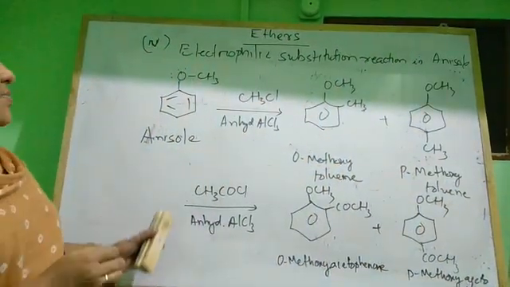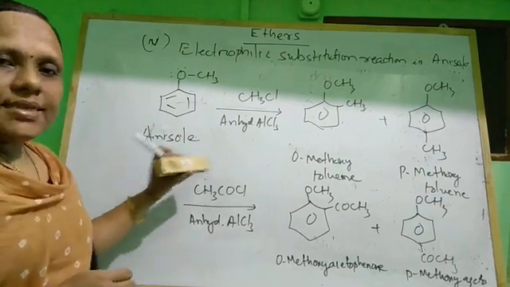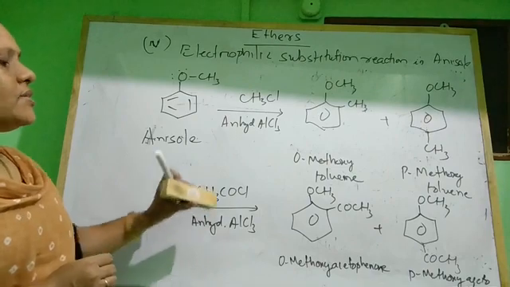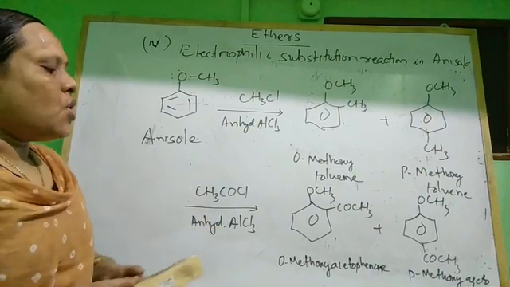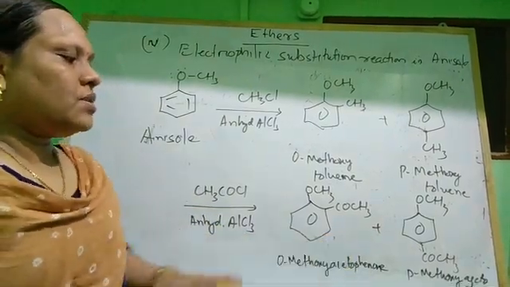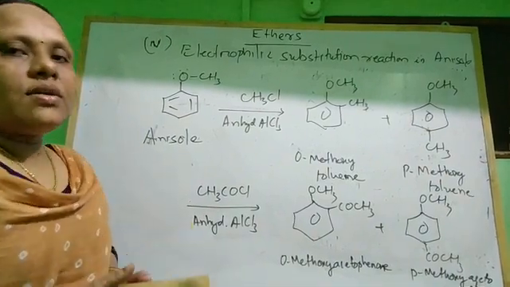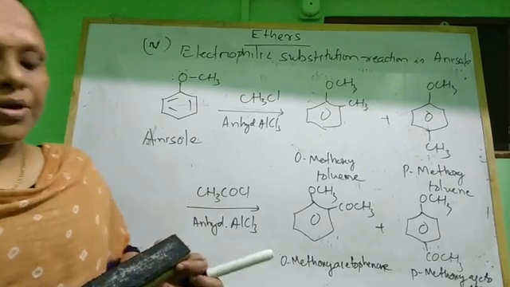So it reacts with acetyl chloride or ethanoyl chloride in presence of anhydrous aluminum chloride to form orthomethoxyacetophenone and para-methoxyacetophenone. So these are all the chemical properties of ether.